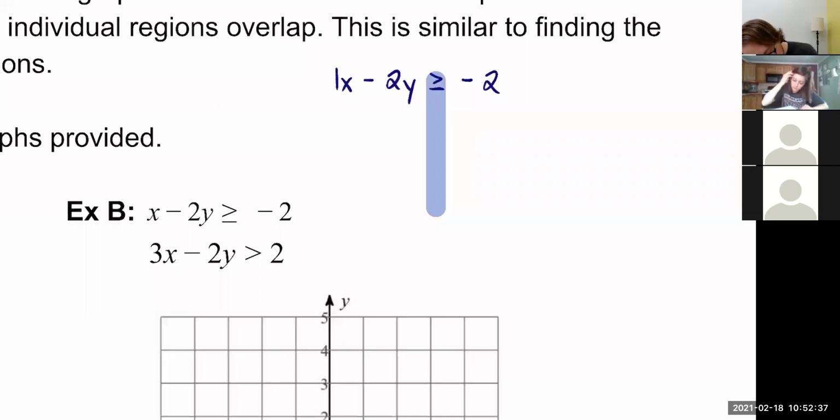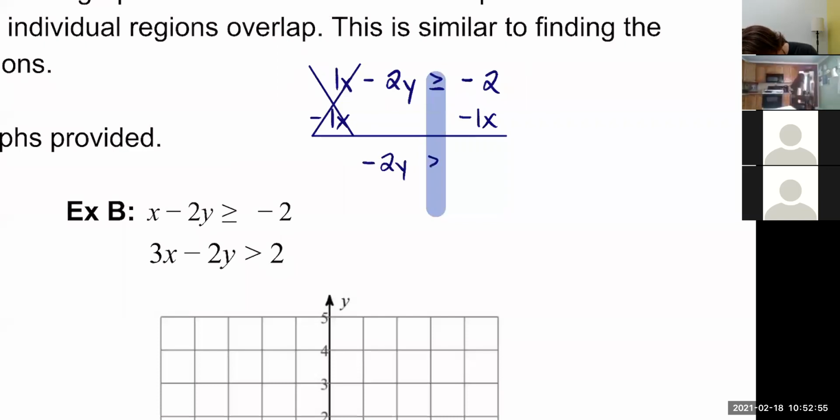So I'm trying to get the y by itself. Now subtract 1x from both sides, which removes it from the left, leaving me with -2y is greater than or equal to -1x minus 2.